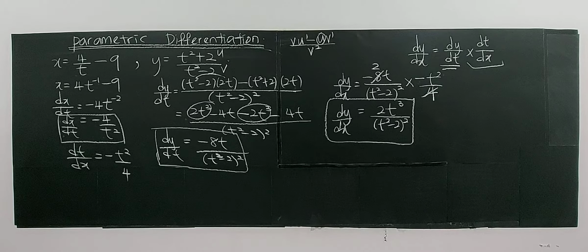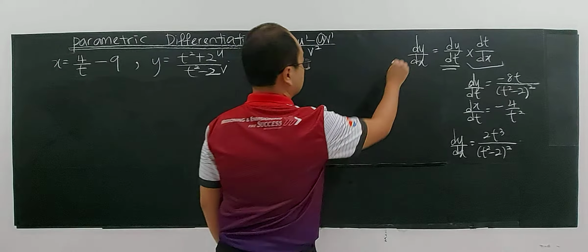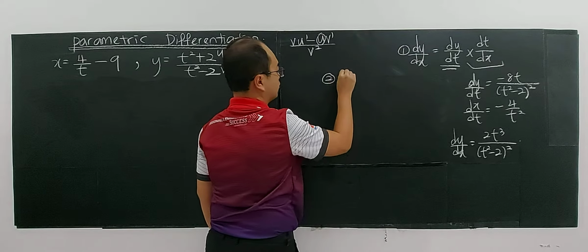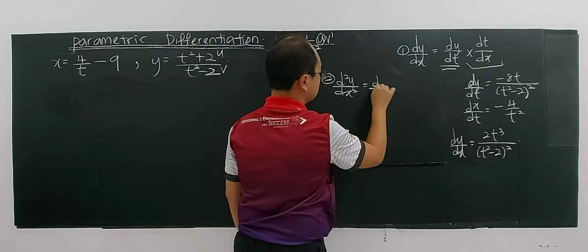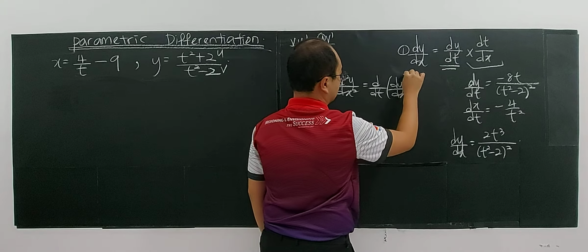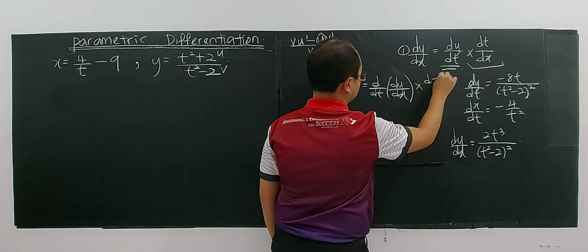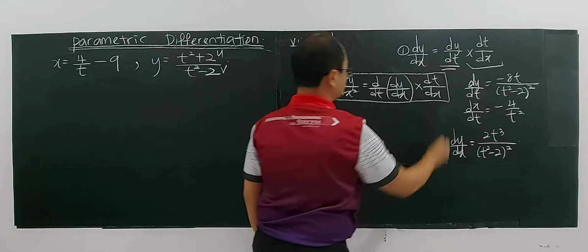Let's move on to finding the second derivative. As you know, the second derivative formula is d2y/dx2 equals d/dt of dy/dx multiplied with dt/dx. So this is the second derivative formula.